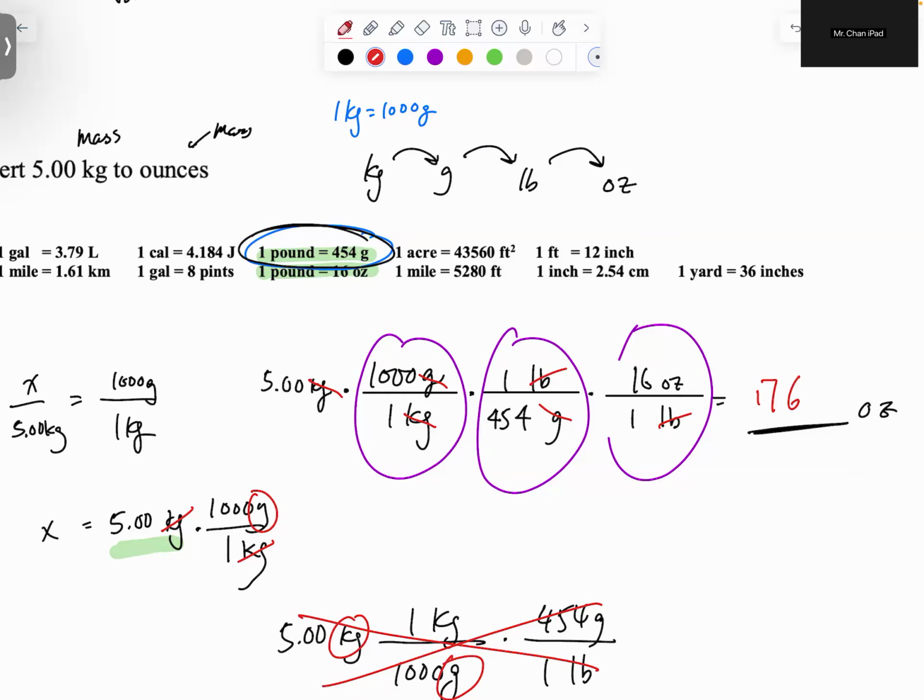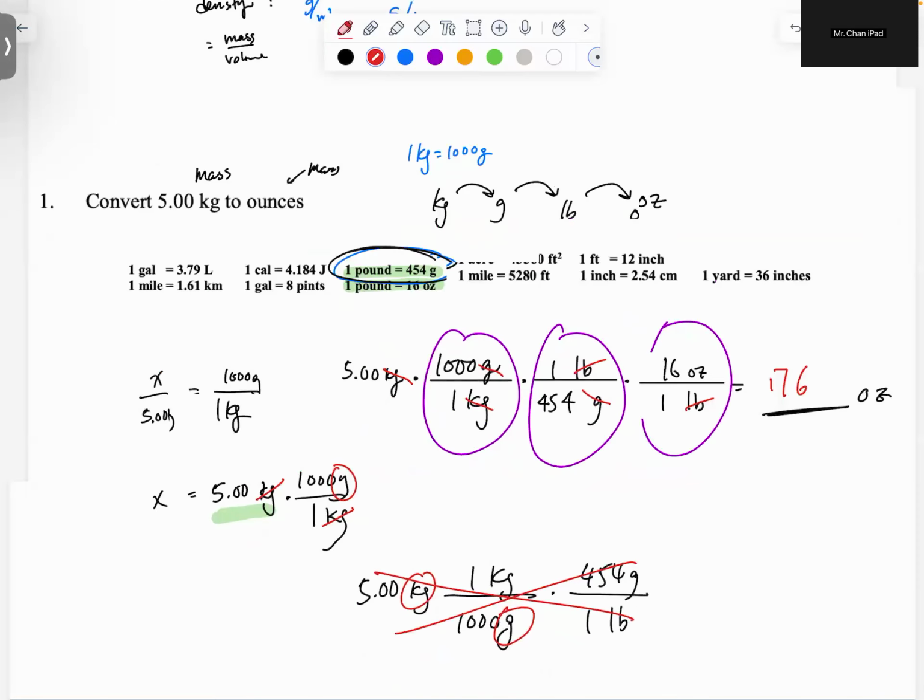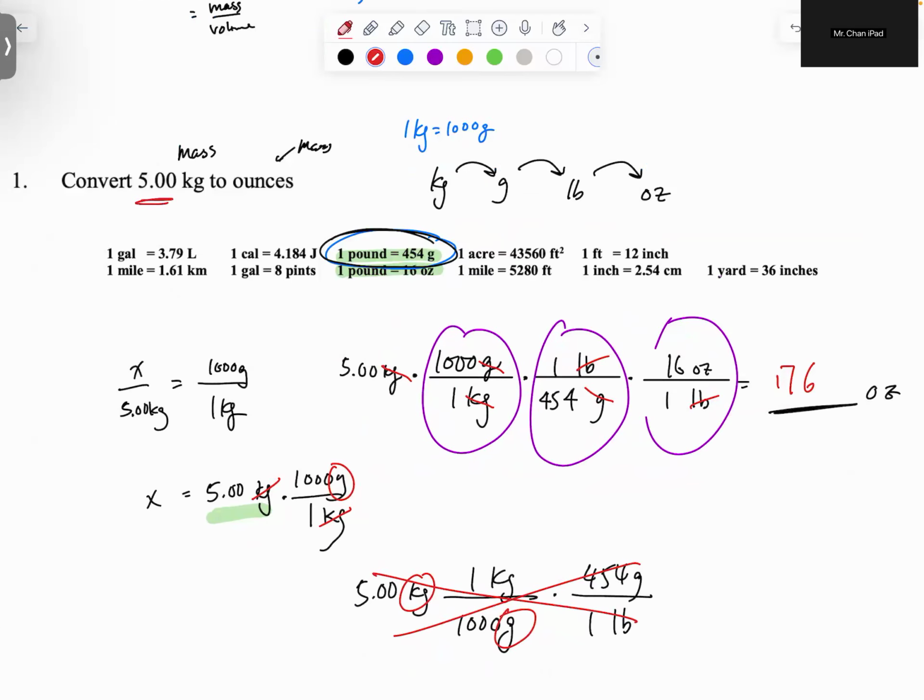And 176 will be your final answer because the number to begin with had 3 sig figs. So your conversion should not have more sig figs or fewer sig figs than the given. So that's the significant figures side of things on dimensional analysis.